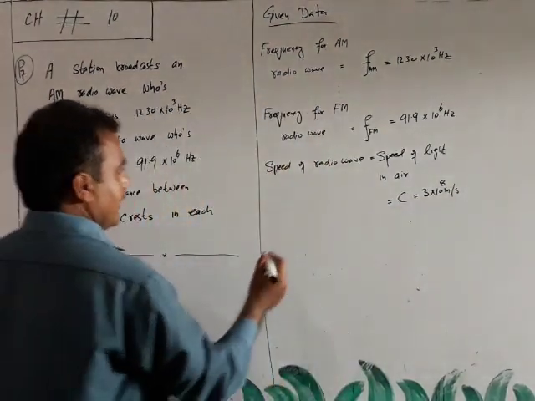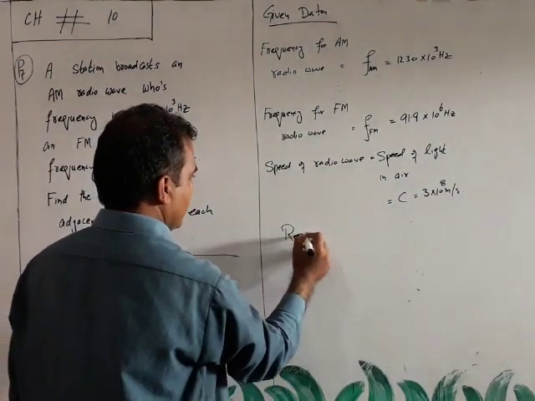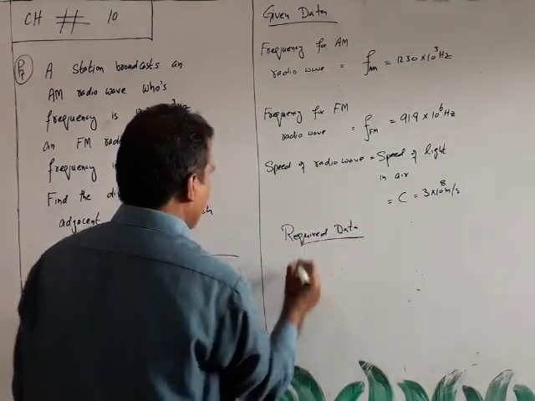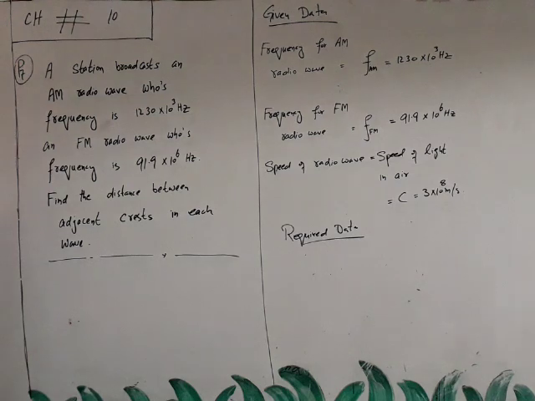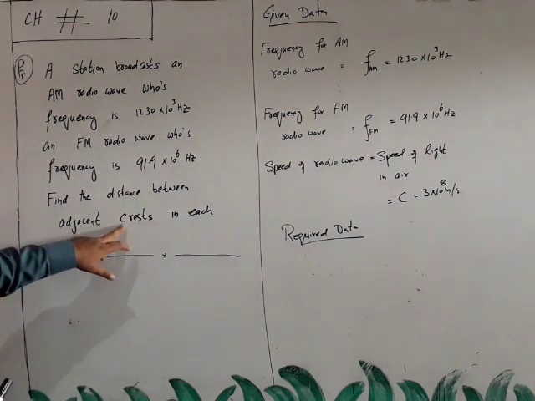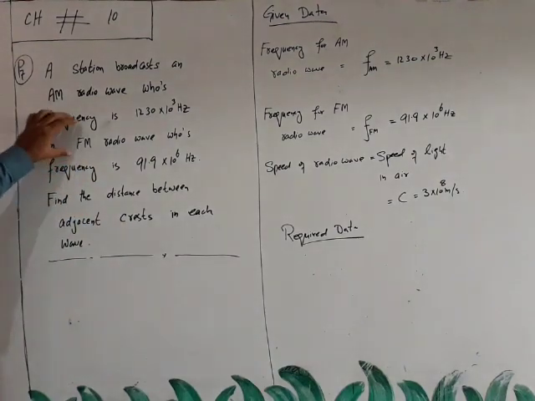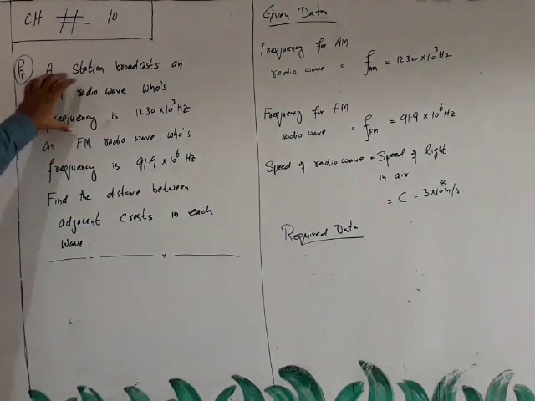Now in required data, we are going to find the adjacent distance between crests, meaning the wavelength, for both FM radio wave and AM radio wave.